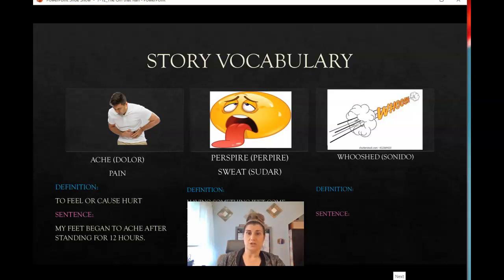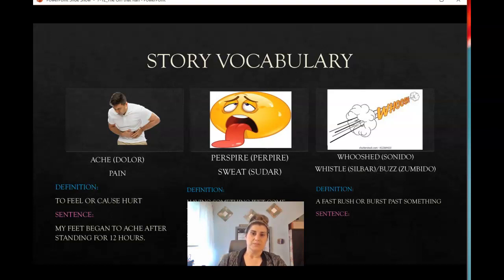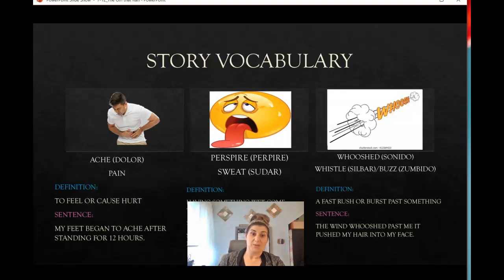All right, so there are some other ways of remembering or saying this word. Here are the synonyms. You have whistle or buzz. The definition is a fast rush or burst past something. And the sentence that I used is the wind whooshed past me and it pushed my hair into my face. So think about it that way.